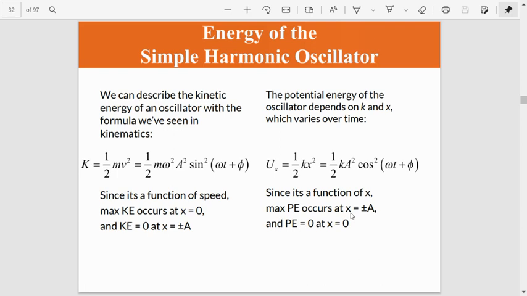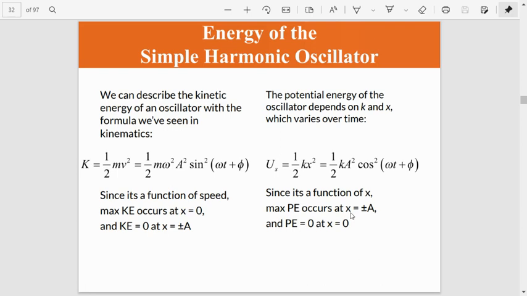It also means that there's what's sometimes called spring potential energy, which an oscillator has, and for a spring block system that depends on the spring constant and on the position. For a simple harmonic oscillator, the position cycles, and therefore the potential energy stored changes over time.